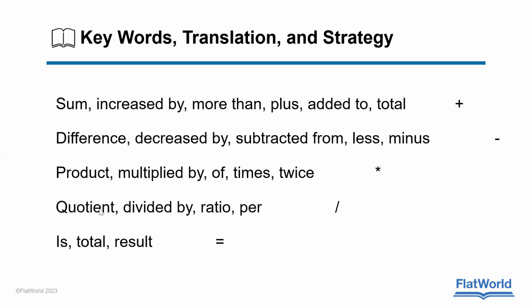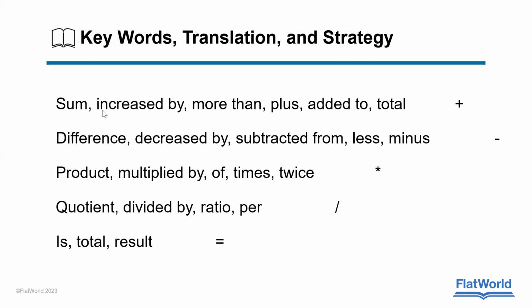All right, quotient means to divide. So divide by, ratio, per. All these are division problems, like how much work is done in such time. It all depends.